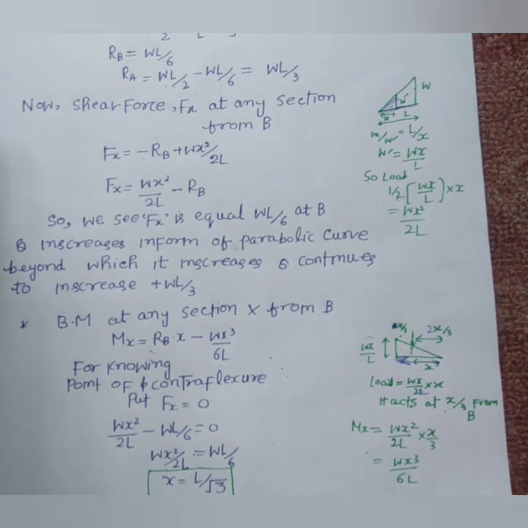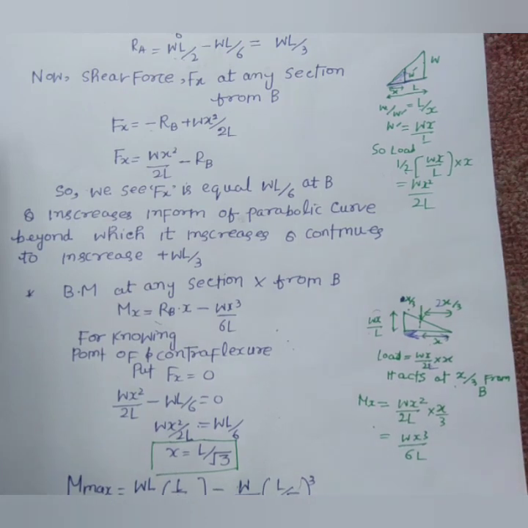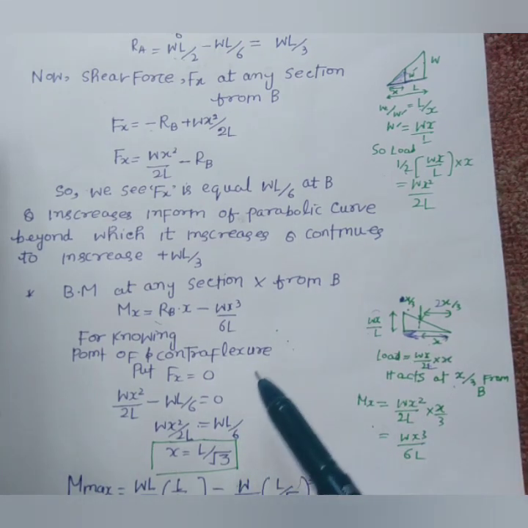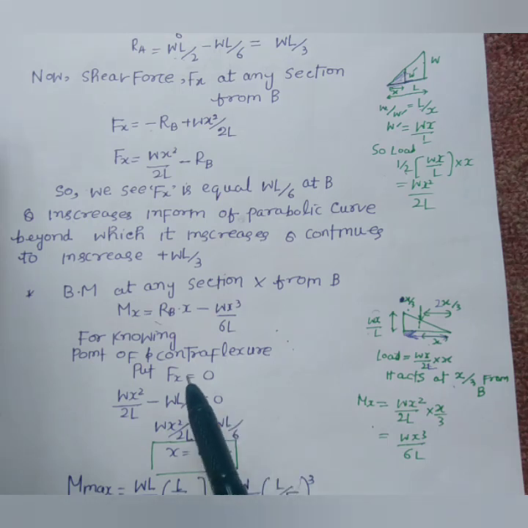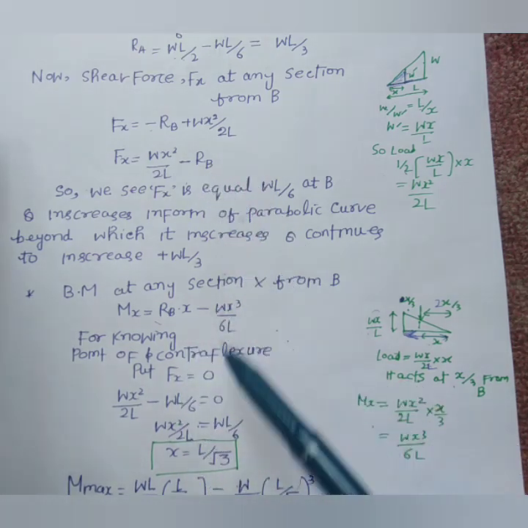Now for knowing the point of contraflexure, we must always remember that the point of contraflexure is the point where the shear force diagram changes its sign. We have to equate Fx, the equation of shear force, equal to 0.